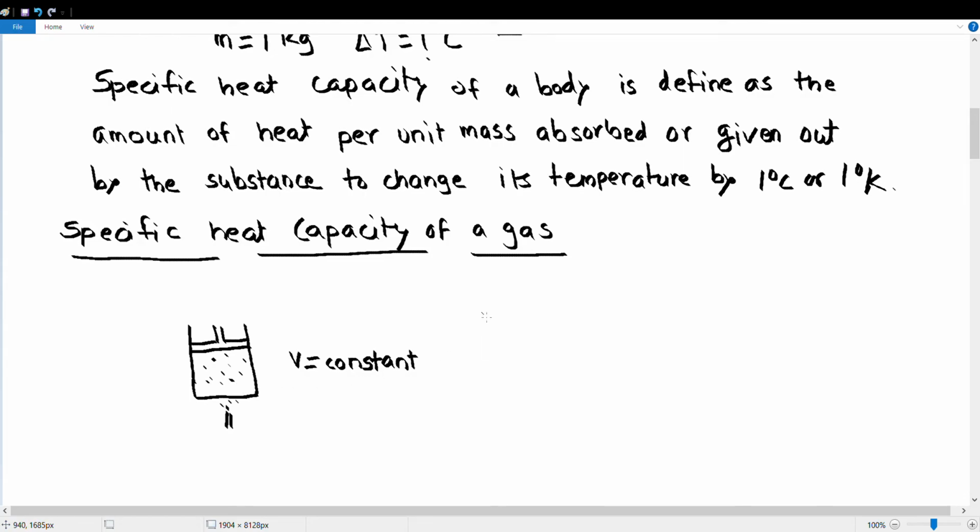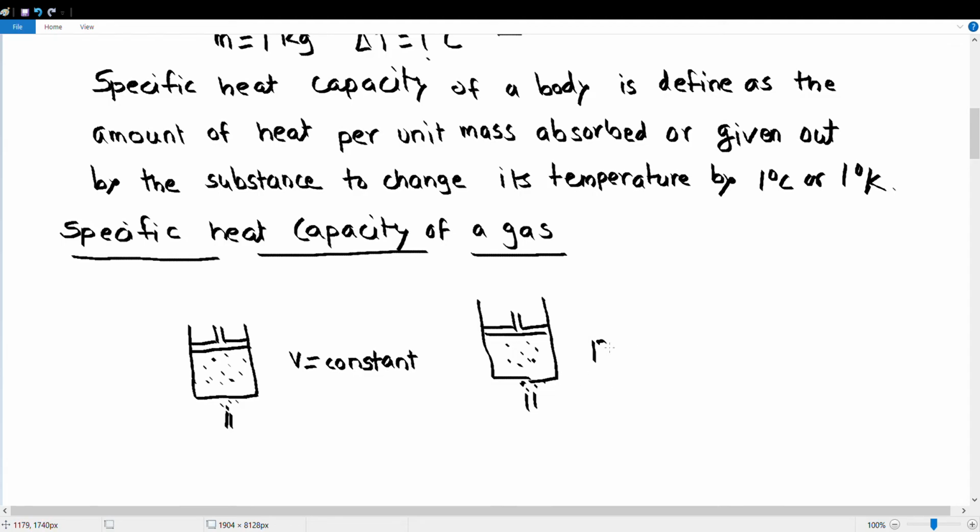And suppose we have the same case, a container which has an airtight piston. Suppose this is the airtight piston and this is the gas, and in this case we provide heat to it with the help of the burner.